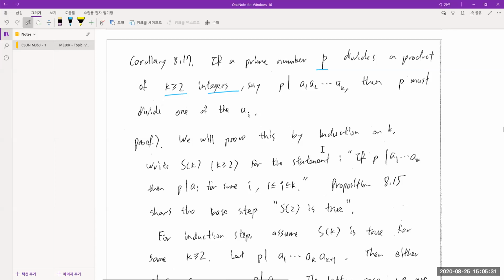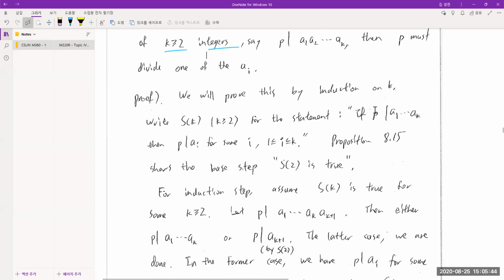We'll prove this by induction on the number of integers multiplied, which is k. Write this property as S(k) with k greater than or equal to 2: if P divides the product a1 through ak, then P divides ai for some i.